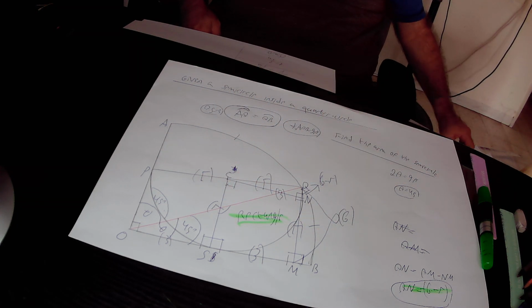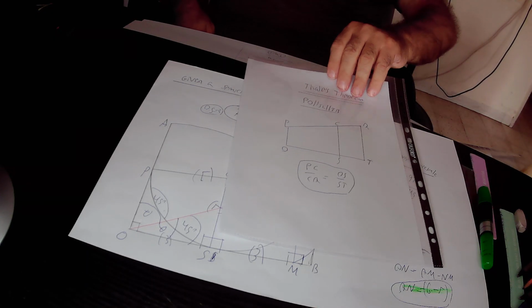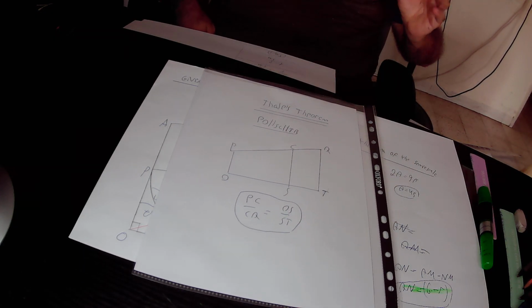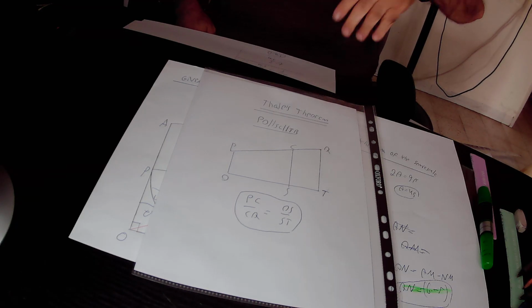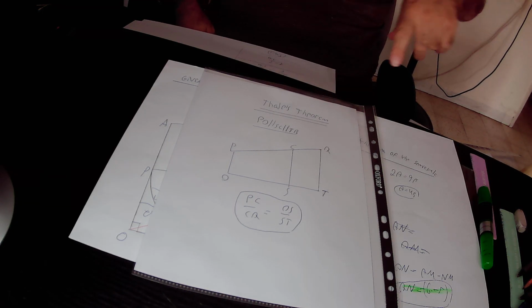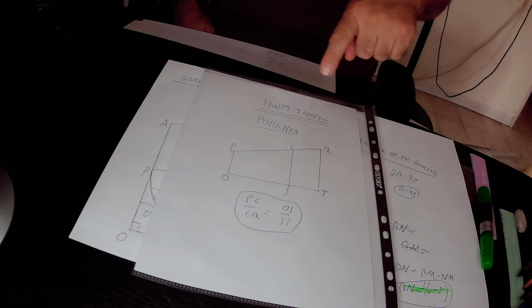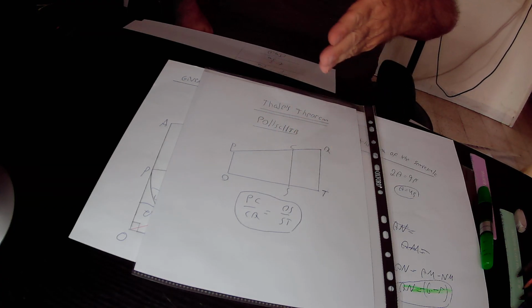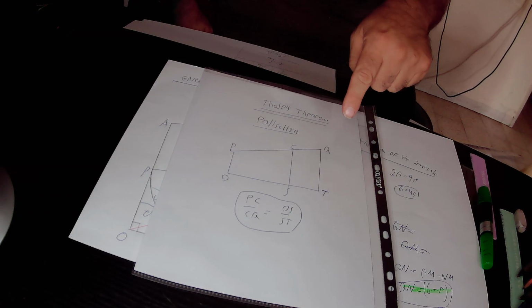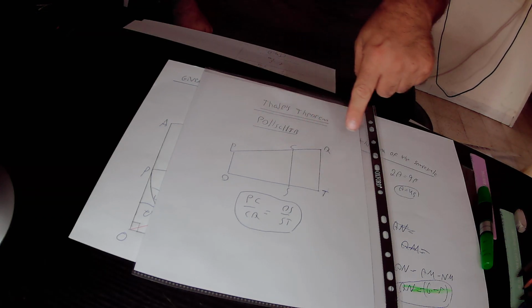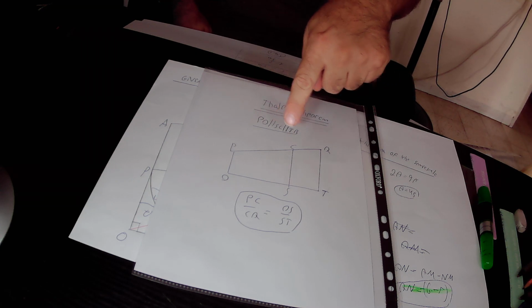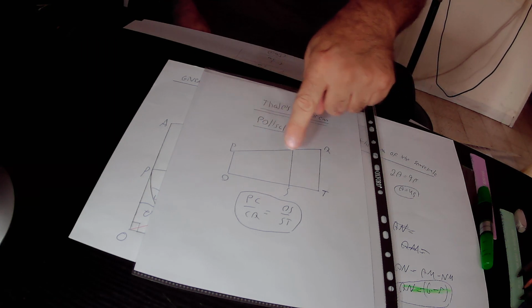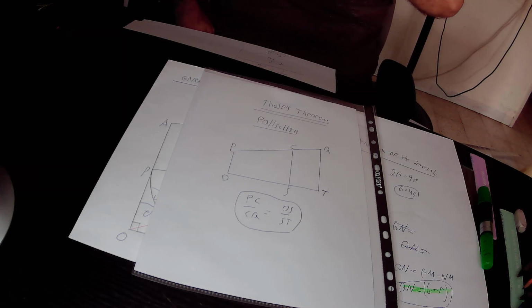Repeating Thales' theorem: whenever you have three or more parallel lines, and we have other lines that are not parallel to them, here PQ is not parallel to OT. PQ connects the three parallel lines, and OT also connects the three parallel lines.